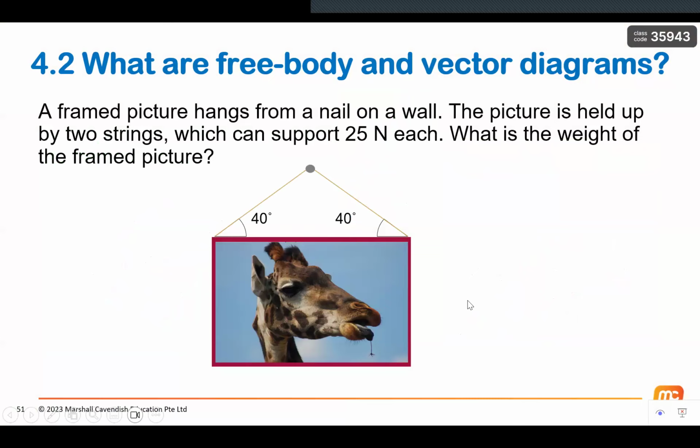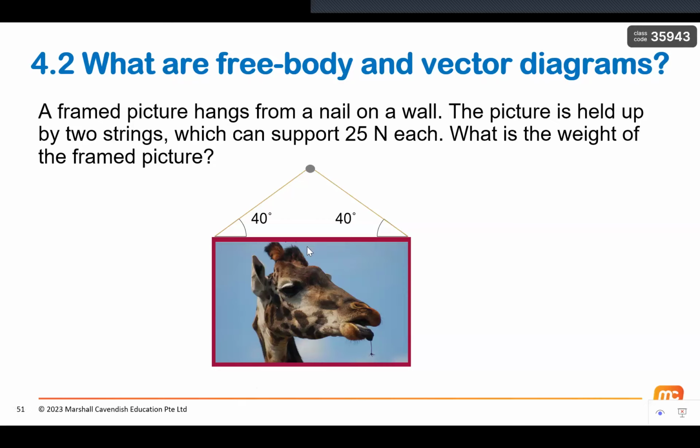Okay, you have a frame picture hung from a nail on the wall. The picture is held up by 2 strings which can support 25 newtons each. What is the weight of the frame picture? So step number 1, every time when you want to find one of the forces, or 2 of the forces, you need to draw vector diagrams because the forces are not parallel to each other.